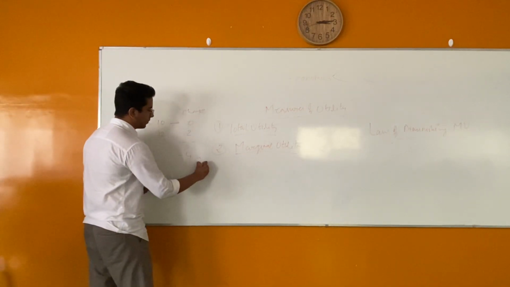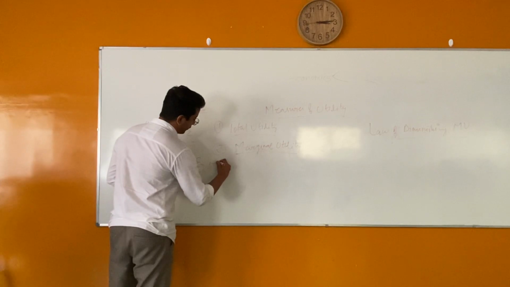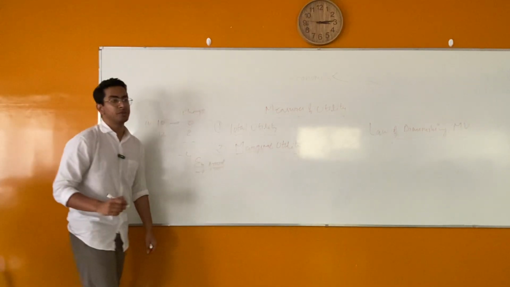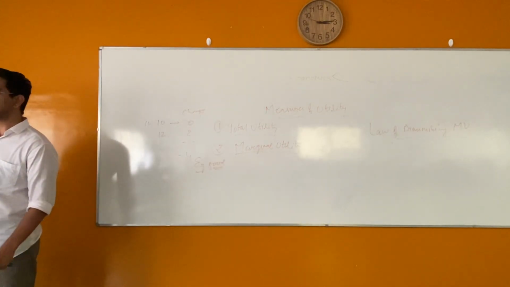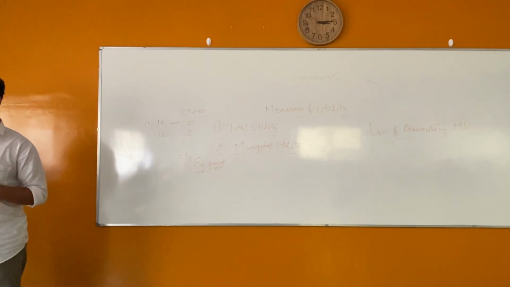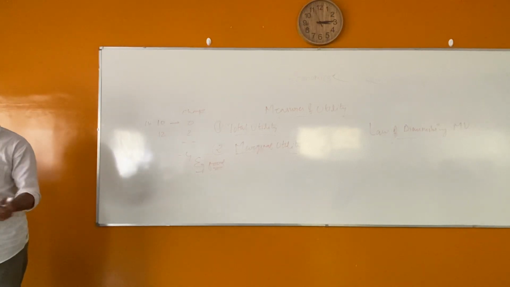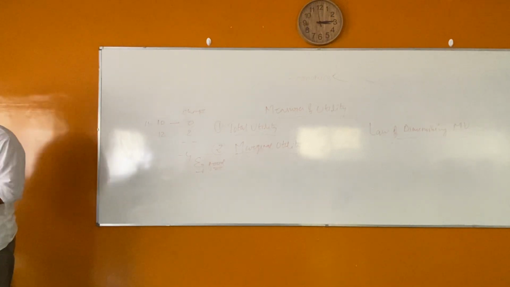Just remember by food. At one point, the utility of one pizza is very important, but once you've eaten and you're full, that utility becomes 0, and it can even go to minus if you vomit. That is minus only, right?